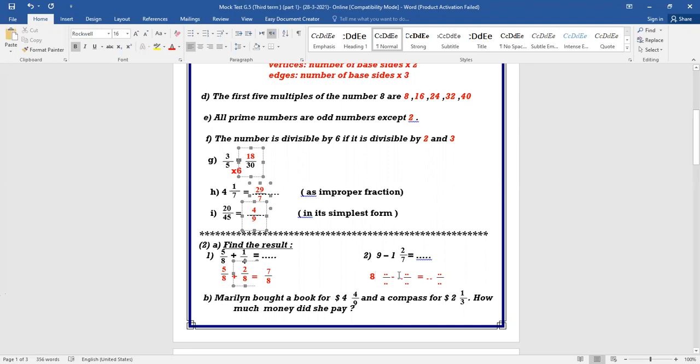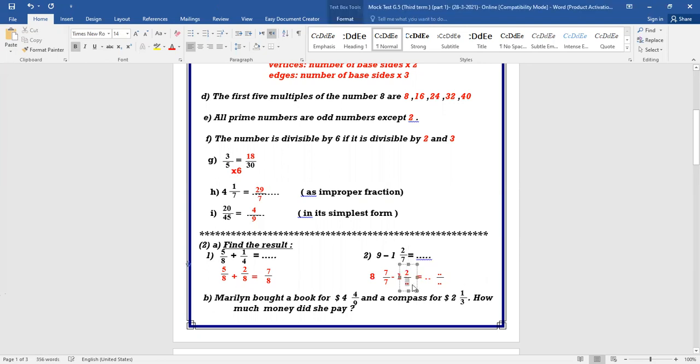And the one we borrowed, we write it as a fraction according to the denominator of the second mixed number. Here we have 7, so it will be 7 out of 7. And the second mixed number stays the same, 1 and 2 out of 7.